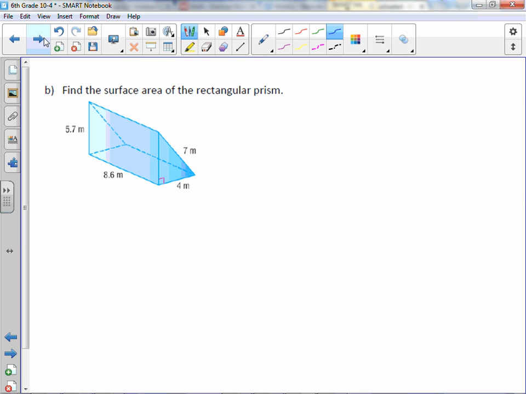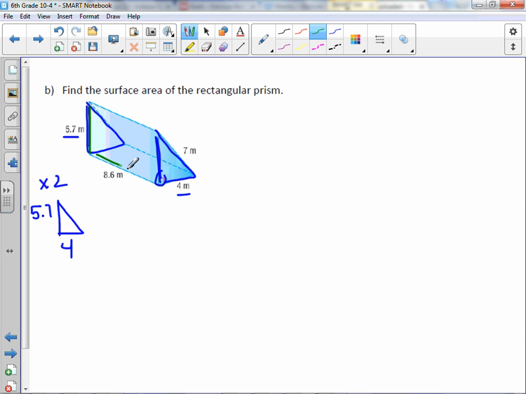Letter B, find the surface area of the triangular prism. So we have our triangles here, which are always the same. And we always look at our right angle to determine our base and height. The base is 4 and our height is 5.7. So let's draw that. Again, there are 2 of them.